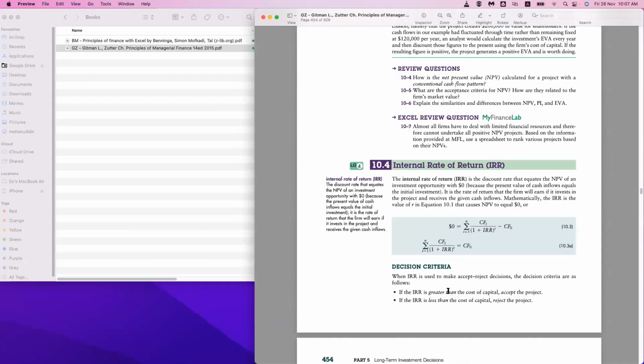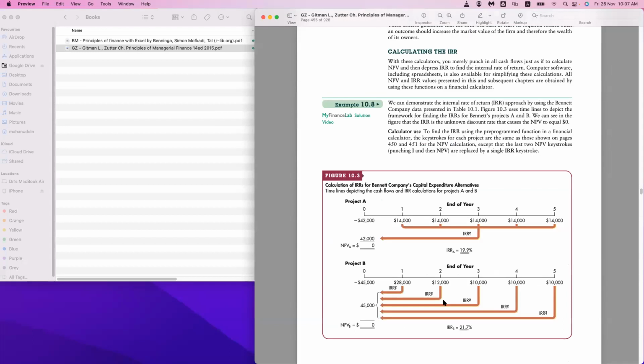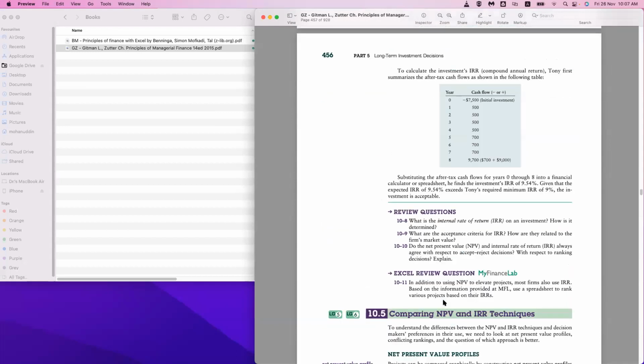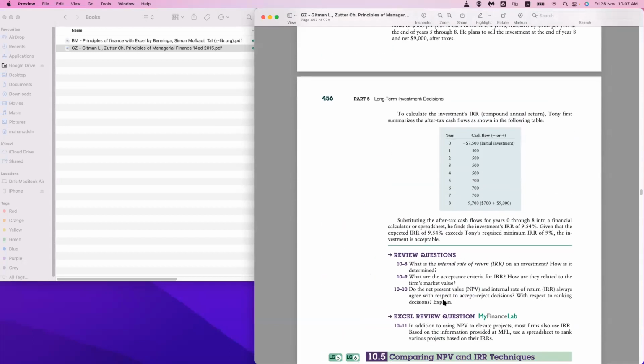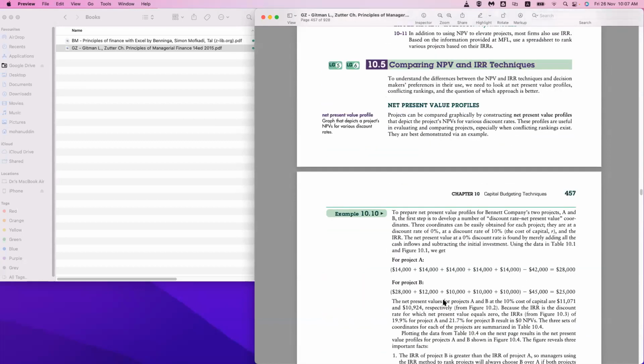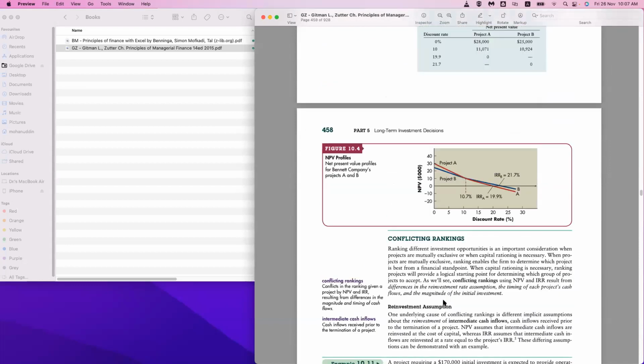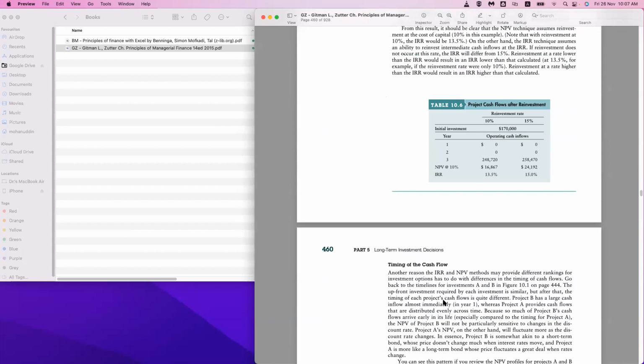These two are very important capital budgeting techniques every business graduate should know. We will not go into the theoretical details like comparing NPV and IRR, because that is basically the theoretical part, and your course is mainly focused on the application.